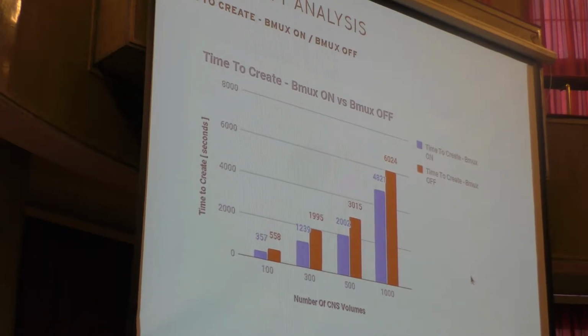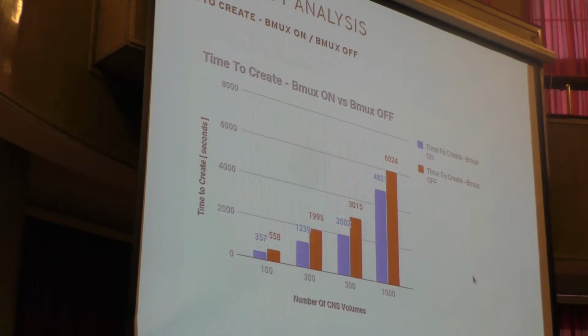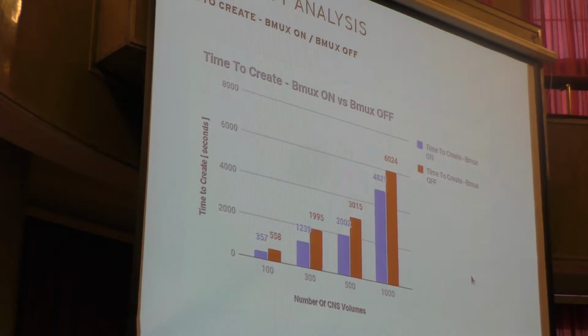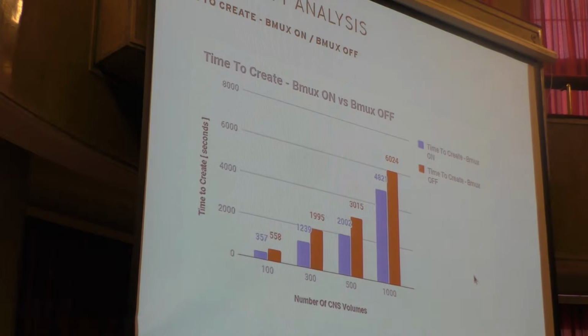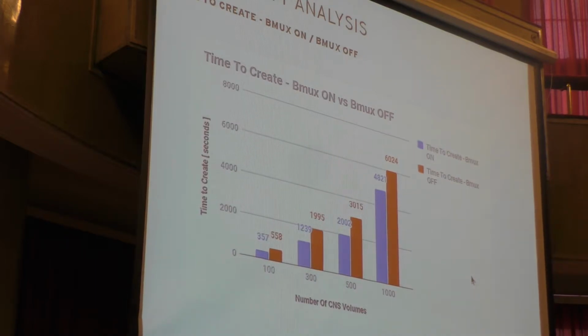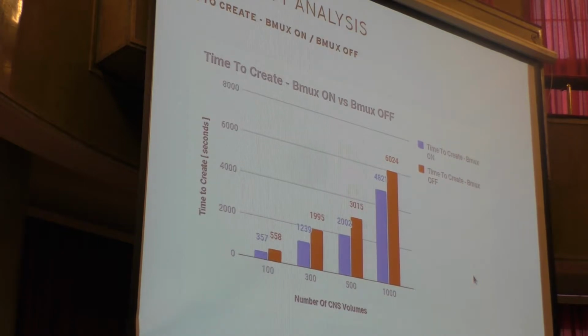I'm still investigating why that is, but seeing that previous graph with memory consumption, and in relation to what Shekhar said about performance, I don't think it's a wise idea to use brick multiplexing off at all. I mean, it should be on, and that is what we have at the time.